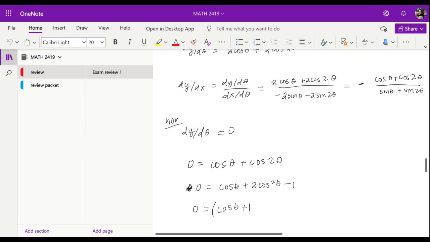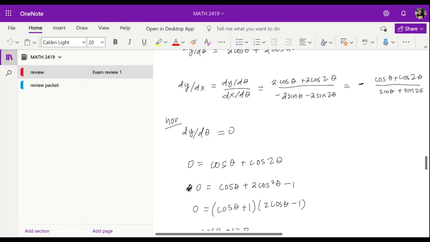Now we can set each individual factor to 0, since if one of them is 0, it makes the whole thing 0. If cosine theta plus 1 equals 0, then cosine theta equals -1, and that is theta equals pi within our interval, because our interval is only 0 to 2 pi.